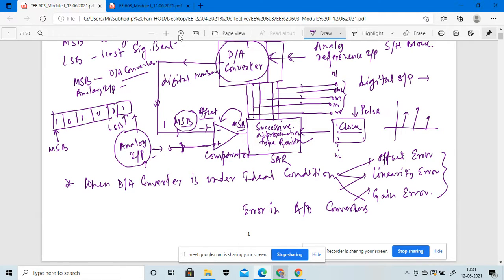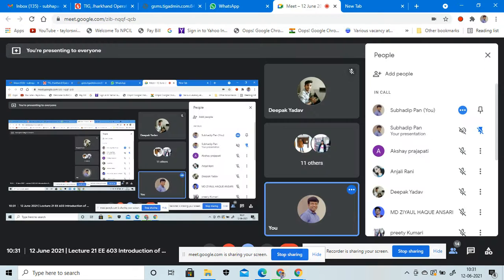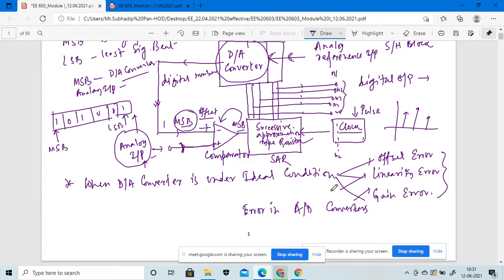So this kind of error may happen if the D2A converter is under the ideal condition. So what happens is that the characteristics curve will be in a non-linear position. That means if some error signal enters the process, we will see that such kind of error will be generated. So there will be some abrupt characteristics behavior we can see inside the process.